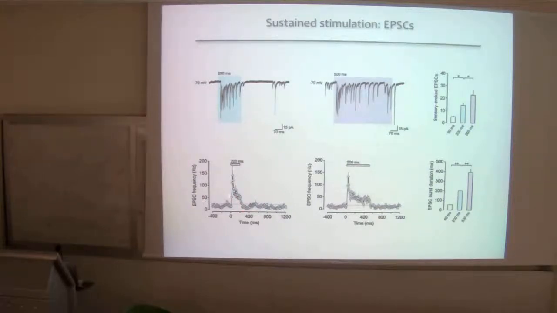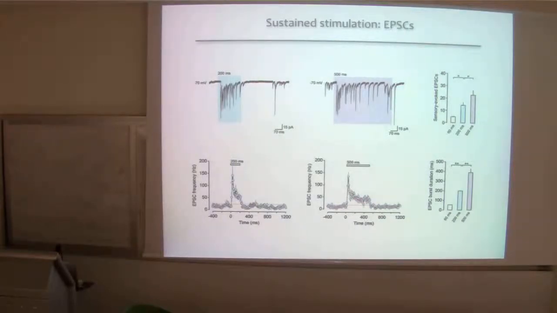If you elongate it to 200 milliseconds, you still get this really fast high frequency burst, but it comes down and plateaus at about 50 hertz for the remainder of the sensory stimulus. If you go even longer, you still get this really fast high frequency input, but then it comes down and plateaus for the remainder of the stimulus.